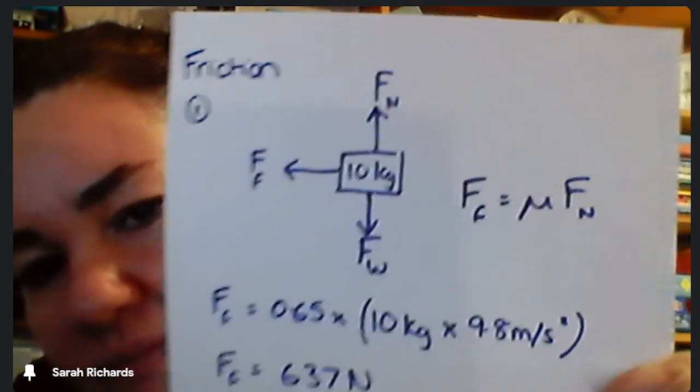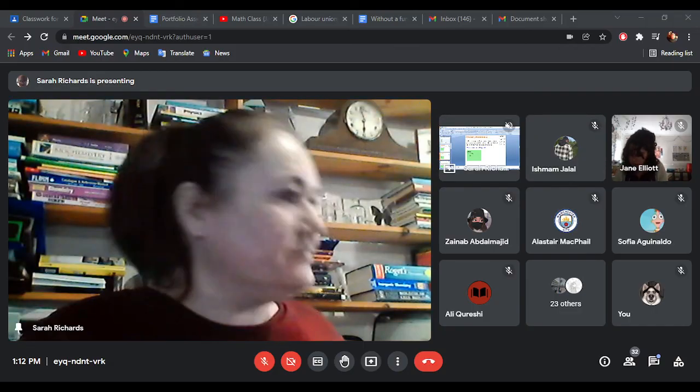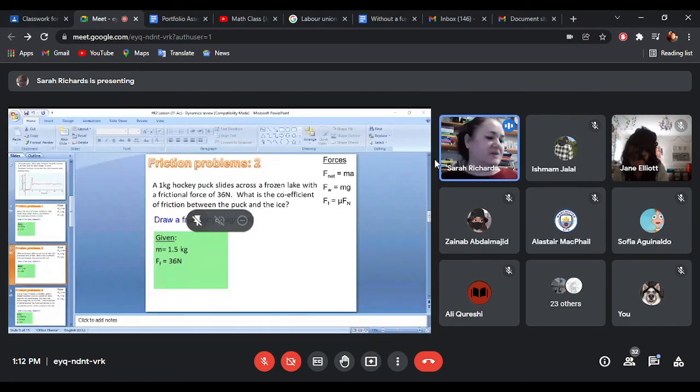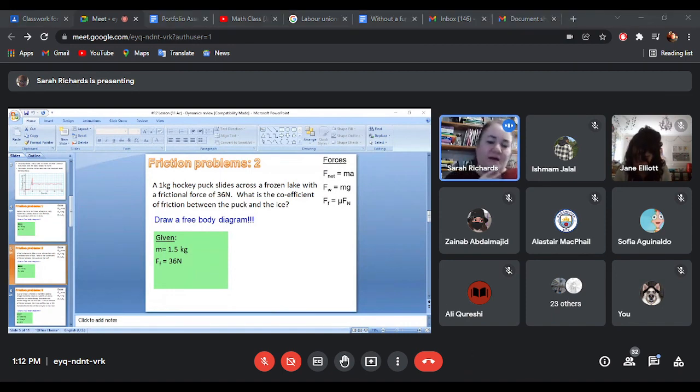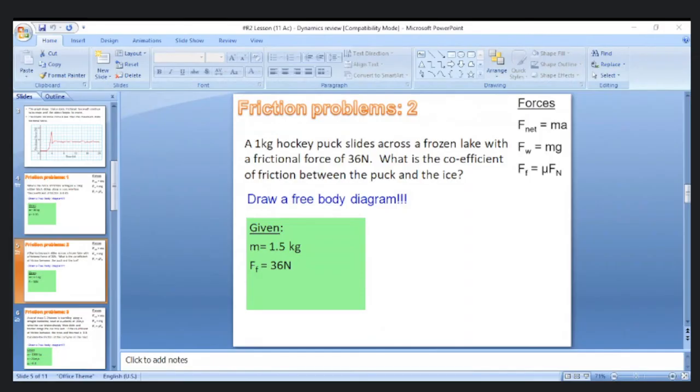Okay, thanks. Sorry, I didn't have my chat open. That's my bad. Right, so the next question. Let's start the next question again. A 1 kilogram ice hockey puck slides across a frozen lake with a frictional force of 36 newtons. What is the coefficient of friction between the puck and the ice?